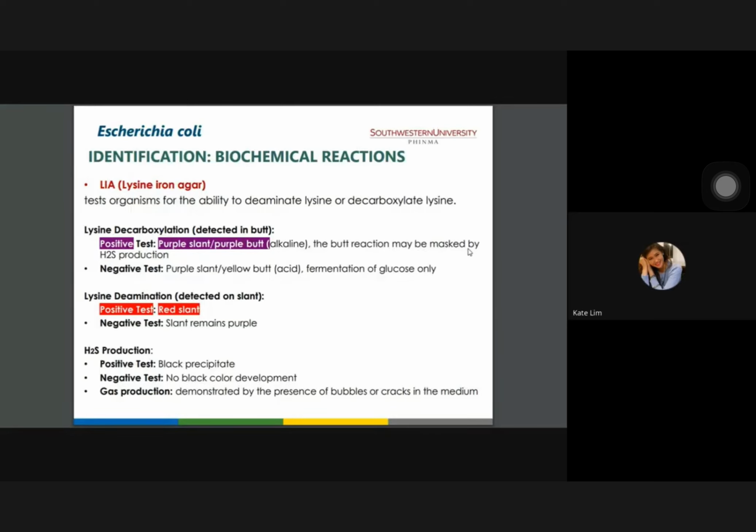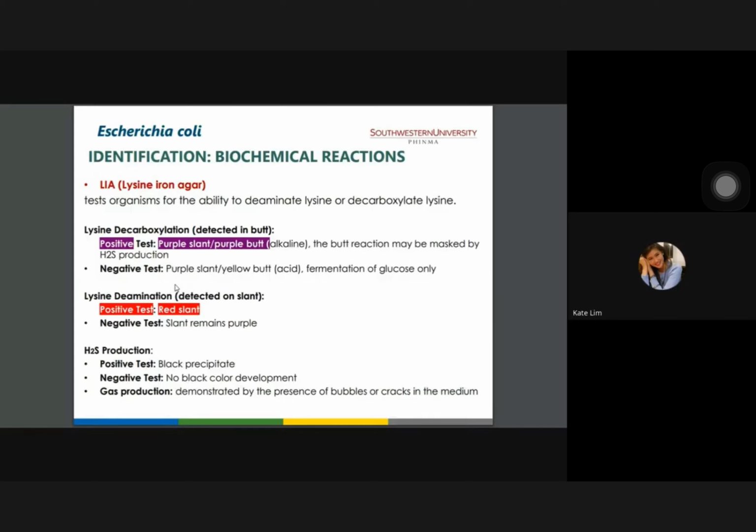If the bacteria can produce lysine decarboxylase, or can do decarboxylation, cadaverine will be formed.